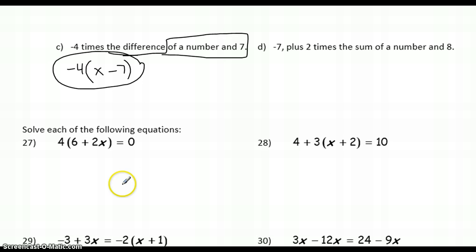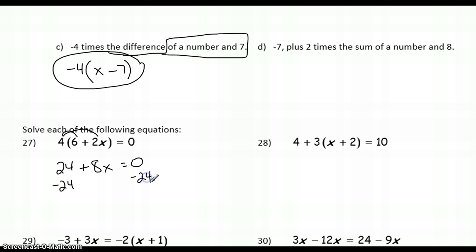I'm going to move on and look at a couple examples of solving and how to show our work. In the first case, I've got some distributing to do, so I'm going to start with 4 times 6 and 4 times 2x. Then we're going to try to get the x by itself, so I don't have any x's anywhere else, just the 8x. This 24 needs to go to the other side, so I'm going to subtract that 24.